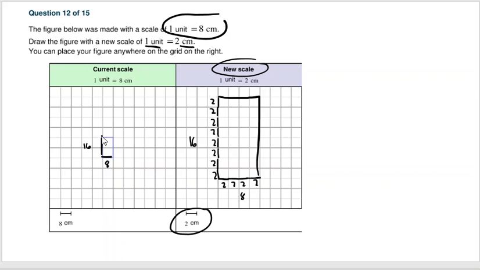Okay, so this is a 16 by 8, and this is also a 16 by 8, but we just used 2 different scales, okay? So that is how you do questions 11, 12, and I believe 13.